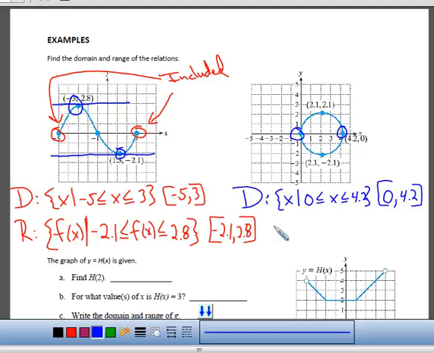So finally, the range, your highest and your lowest, or if you want to turn your paper sideways and go side to side, just like you did for the other one. Again, we're doing f of x, because it's a function. Set of all f of x, such that now our lowest is negative 2.1.